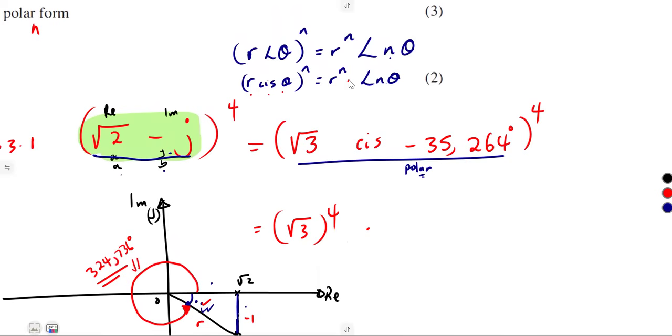Here it was supposed to be cis. This is cis, this is cis. So the angle, you multiply by the exponent.